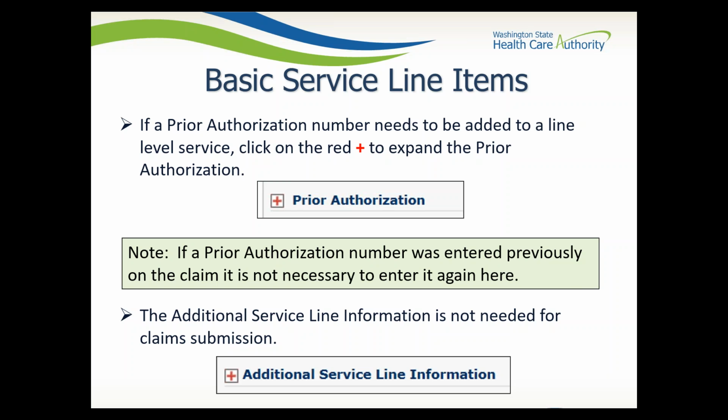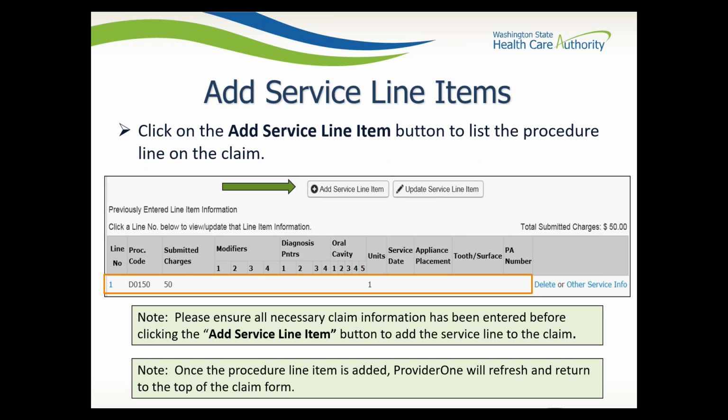Skip the additional service line information section. Once you have entered all the required information for the service line, click the Add Service Line Item button to add the service line to the claim. It will remove the information from the service line area and populate the columns below the gray bar, similar to an ADA 2012 claim form.